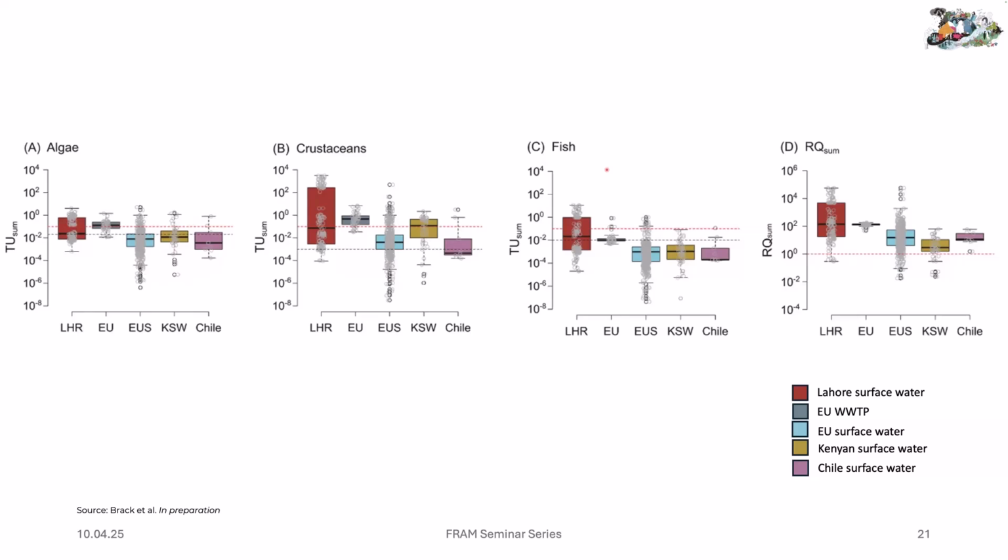This is an ongoing project in collaboration with colleagues from UFZ in Germany, where we are now making use of the data that we've been collecting through FRAM, but also other projects, in order to have a more continental assessment of micropollutants in surface water.